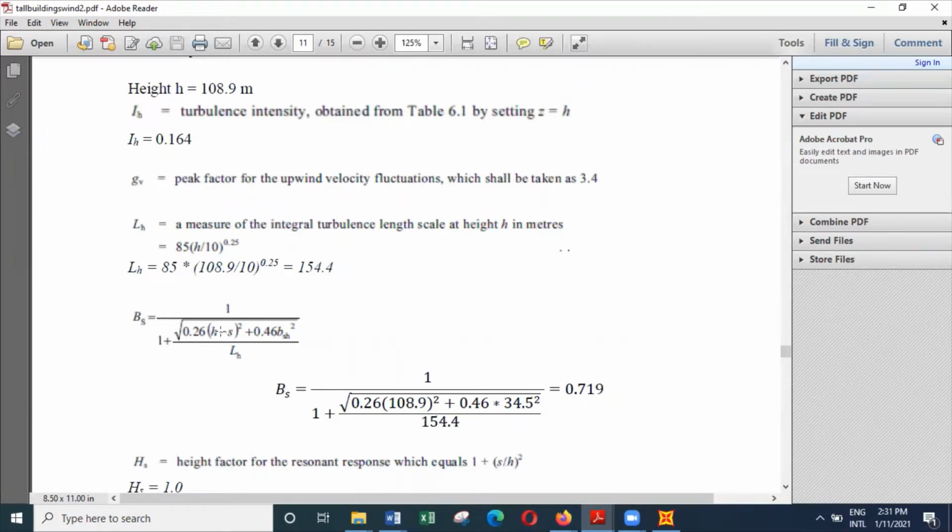So what you have to do is just substitute in these values, and here BSH means the average width of the building, and here we have a constant width for the building, that is 34.5 meters. So once you substitute, you get BS as 0.719. So you can calculate the value of BS as well.